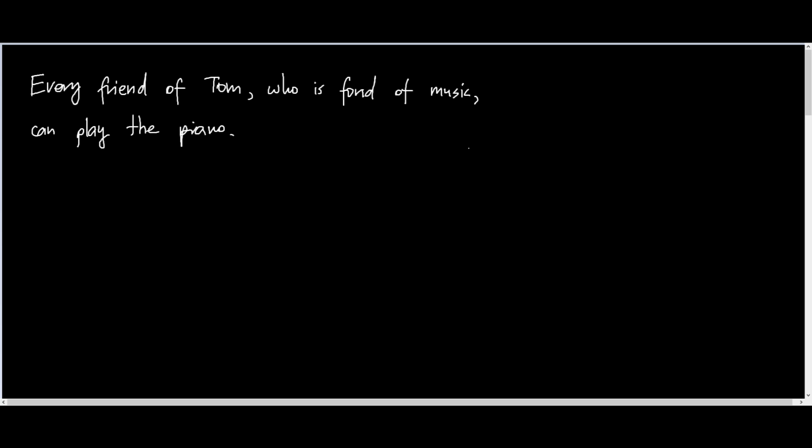We need to introduce a few symbols for that because mathematics doesn't know a few concepts involved in this sentence, like being a friend, or Tom, or being fond of music, or being able to play the piano. In fact, in some sense, mathematics doesn't know about anything. The only thing that mathematics knows about is pure logic.